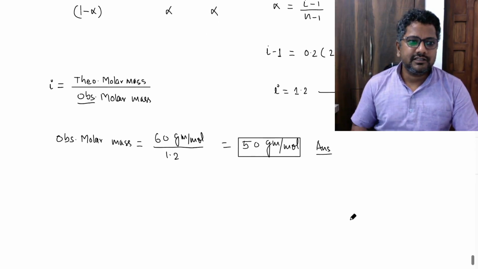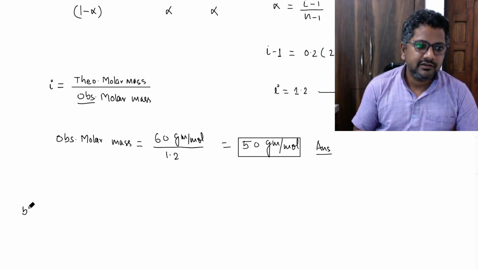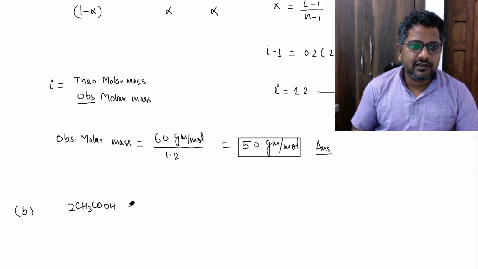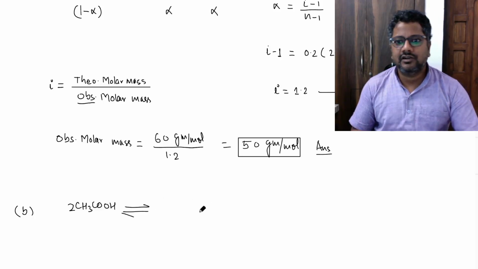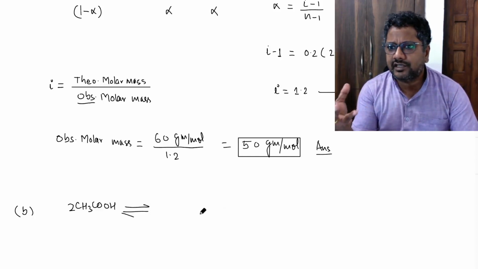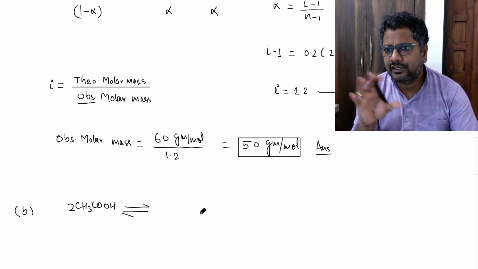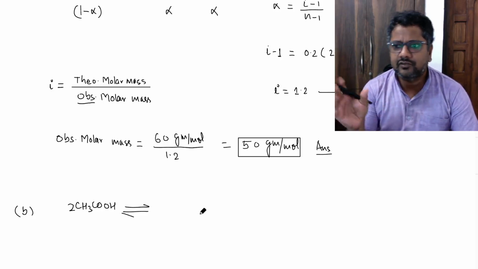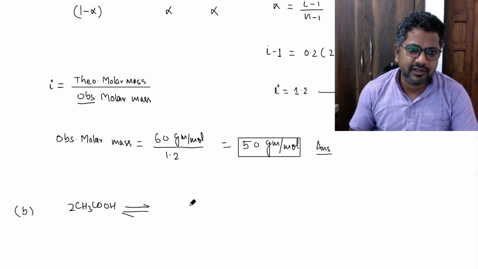Now in case of B, see, two molecules of acetic acid dimerize in non-aqueous solvent. In every non-aqueous solvent this is, and in vapor phase as well. Suppose that you are taking acetic acid solution and you are vaporizing, so in vapor phase also you get some molecules dimerizing through hydrogen bonding.